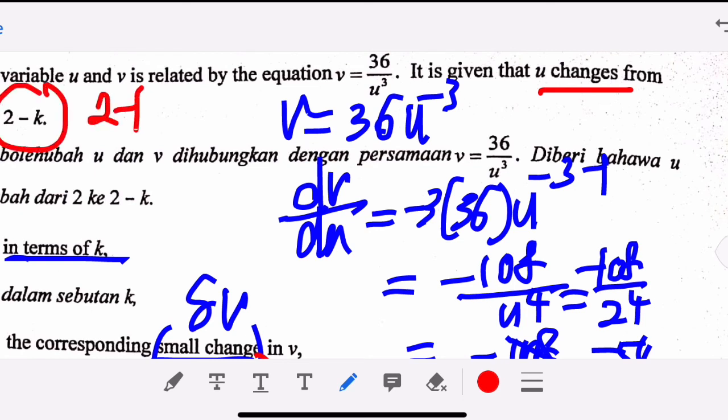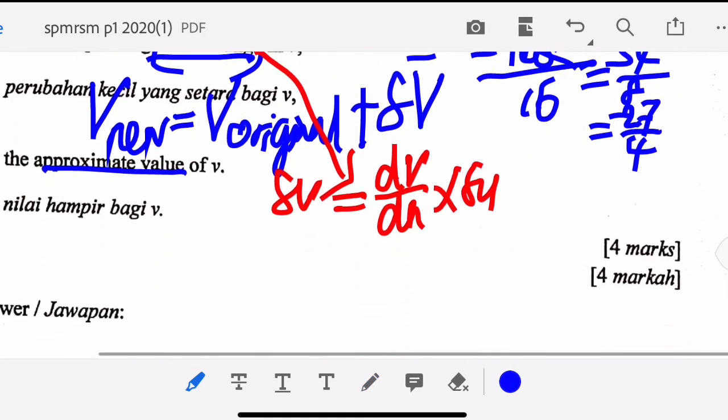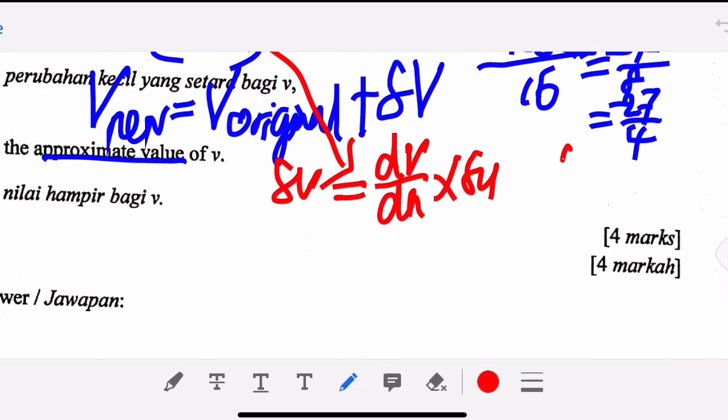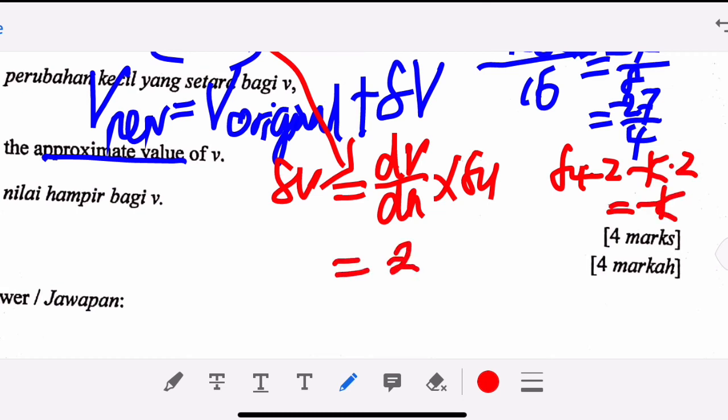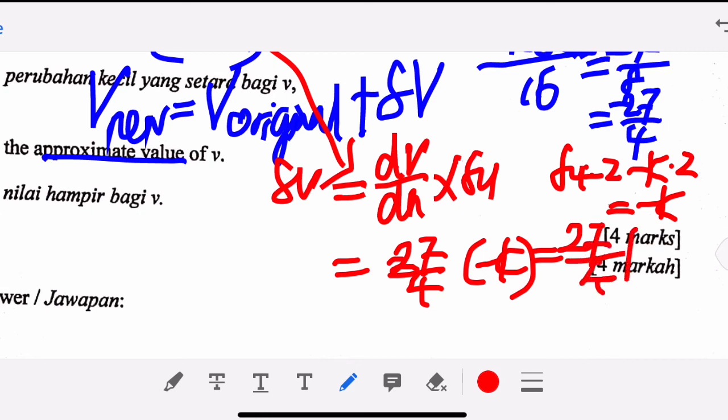We take the new one minus the original one, 2 minus k minus 2, so it's negative k. So we take negative 27 over 4 times negative k. So the answer is 27 over 4 k, which is a positive value.